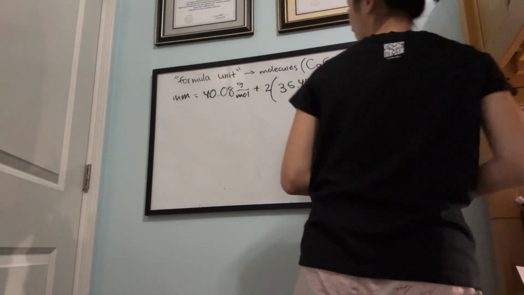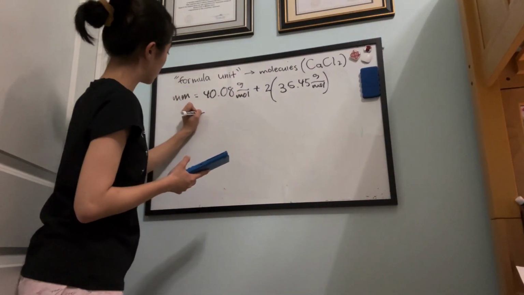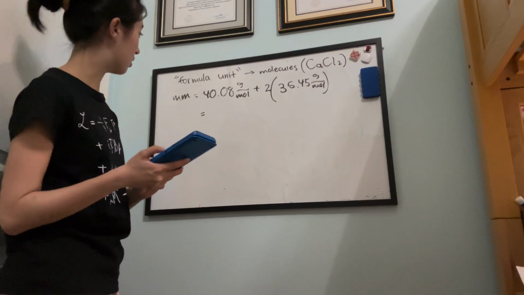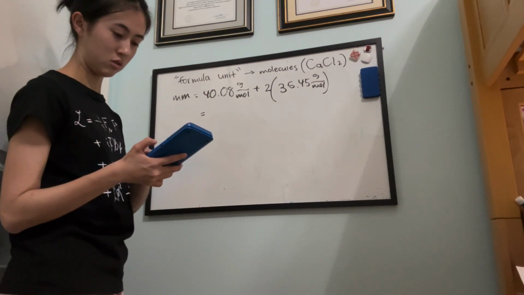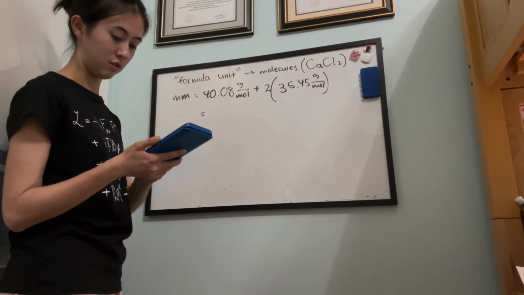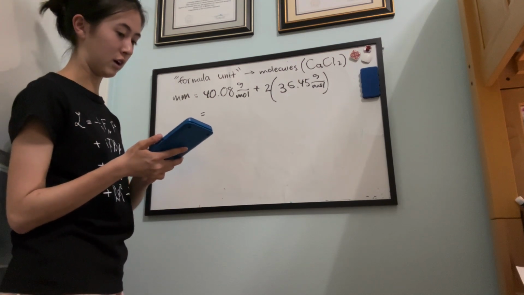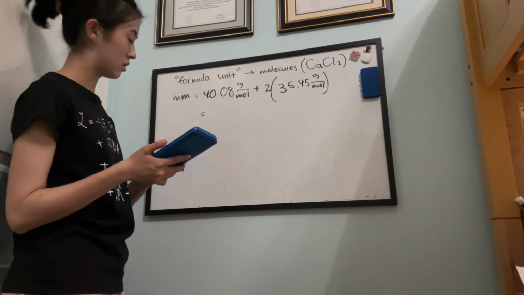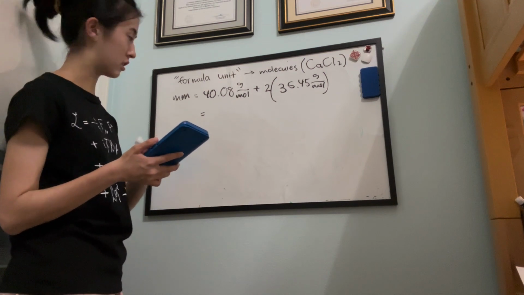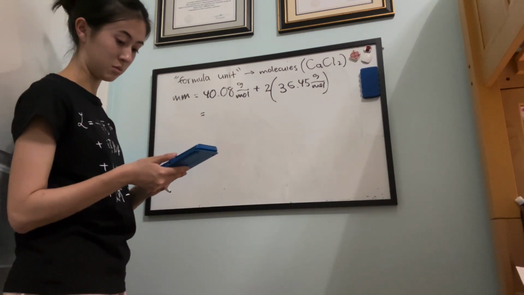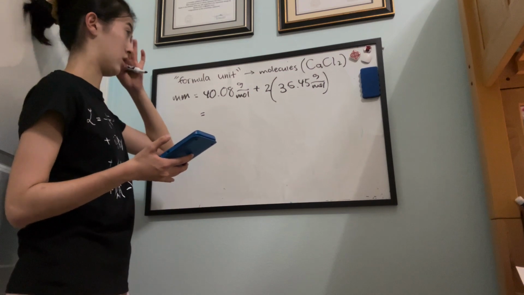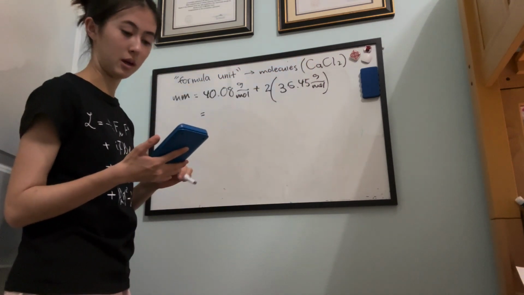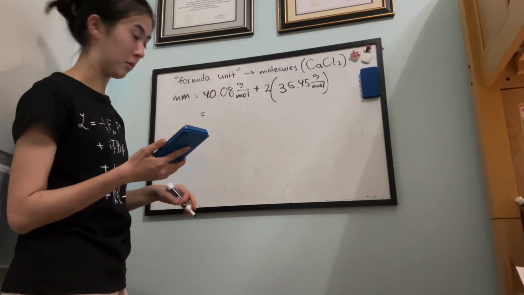So then our total is 2 times 35.45, plus 40.08, because there's only one of that atom, the calcium atom, in that molecule, so multiply by 1, which is just itself.